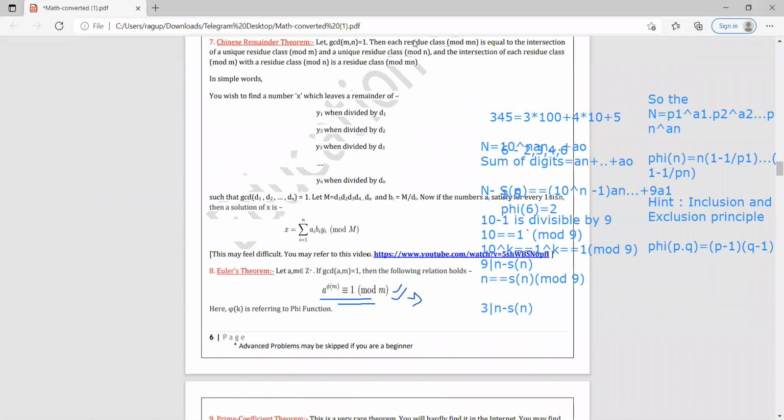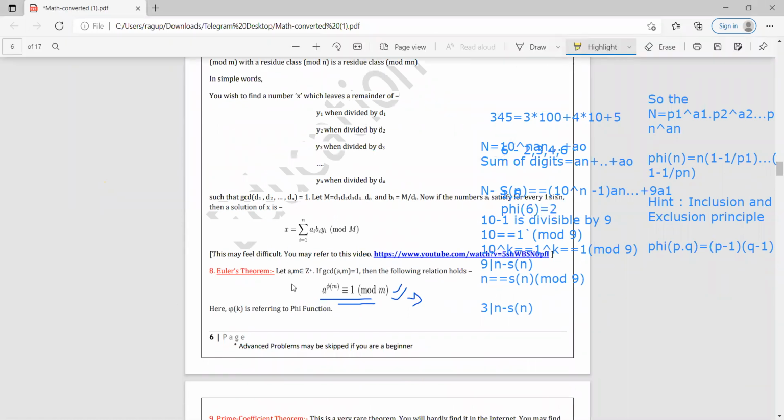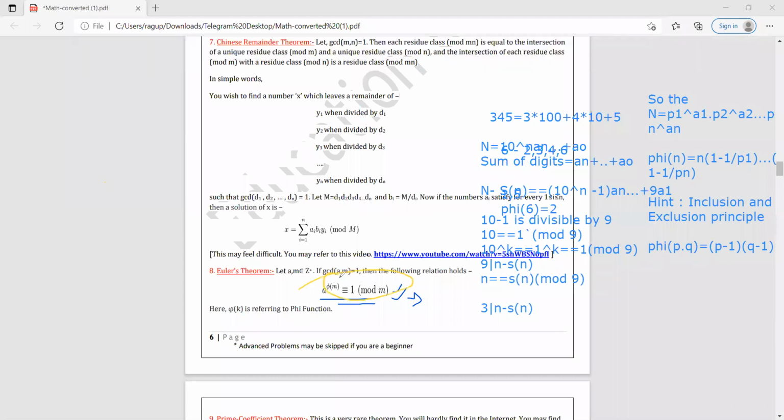In Euler's theorem we have a raised to phi of m, phi we have just learned, is congruent to 1 mod m.